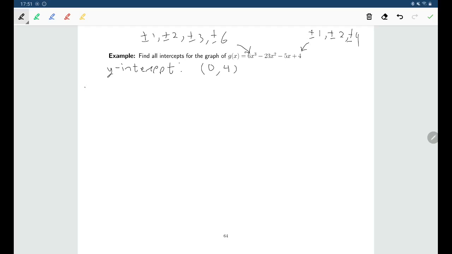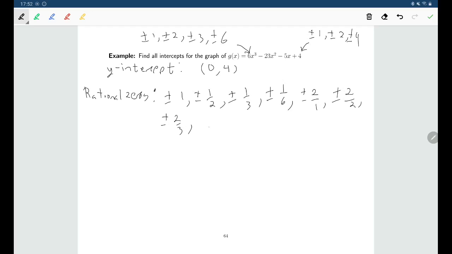And so that's telling me that my possible rational zeros could be positive or negative 1 over 1, 1 over 2, 1 over 3, 1 over 6, and then the same thing with 2 over 1, 2 over 2, 2 over 3, 2 over 6, and 4 over 1, 4 over 2, 4 over 3, and 4 over 6.